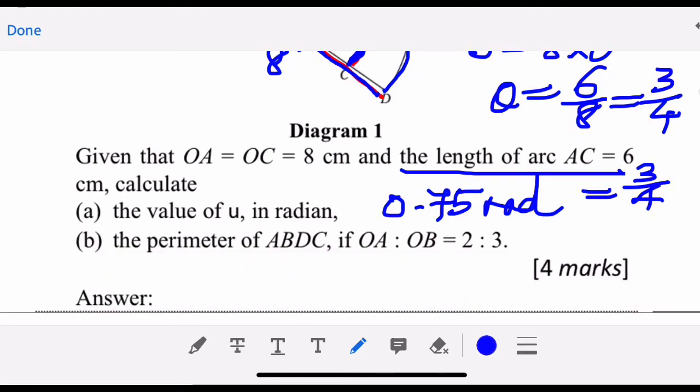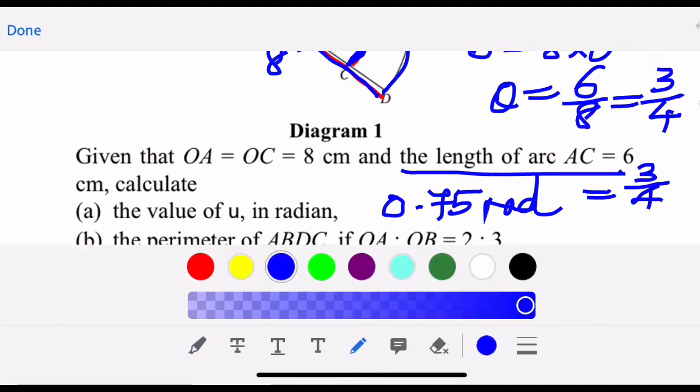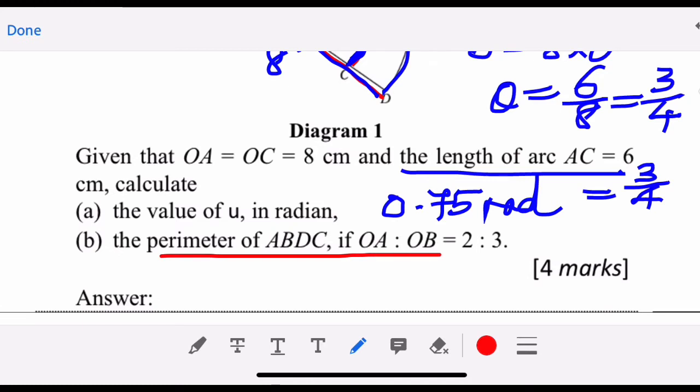For part B, the perimeter of ABCD is quite a straightforward question. They give you the ratio OA to OB as 2 to 3.